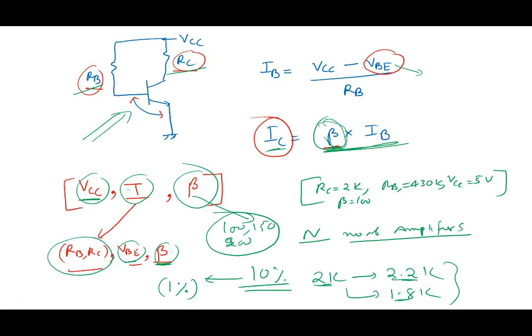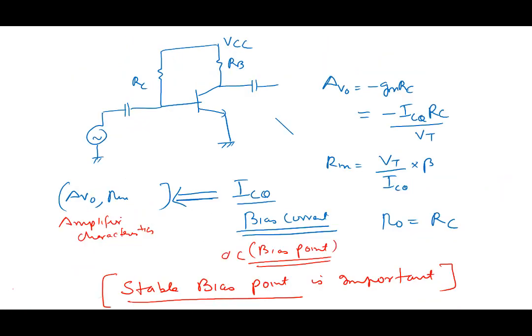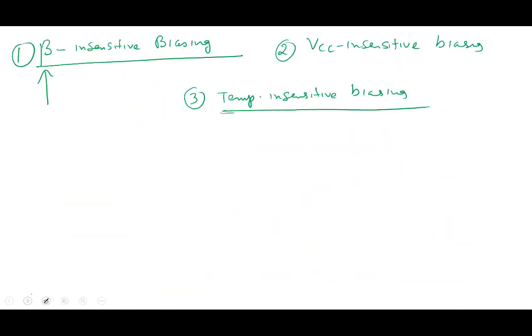If VCC is large, let's say this is 5 volt, a change in VBE here may not cause a very big change in IB. So these things to some extent can be managed. To some extent I can manage temperature insensitive biasing. Supply voltage we have to see, but this is a very serious matter here. I have to make a beta insensitive biasing. I have to bias the transistor, but it should not be sensitive to beta.